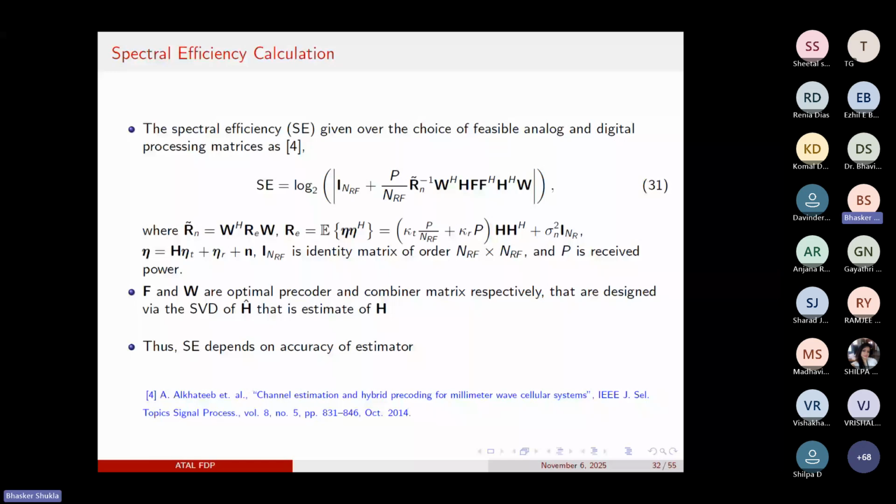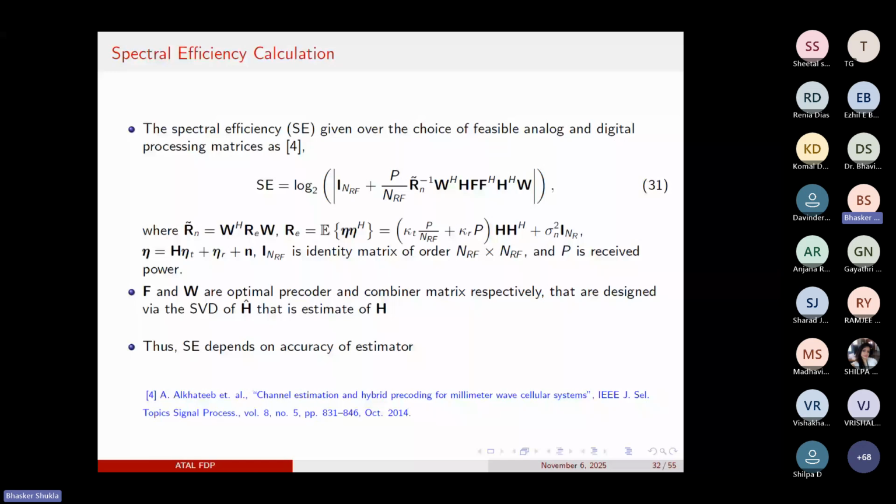If we increase the power of the transmitted signal, and kappa T and kappa R are constants, then this has a severe effect compared to this part. We can see this effect in simulation. Again, if the estimator is more accurate, then the spectral efficiency of the overall system will be high.